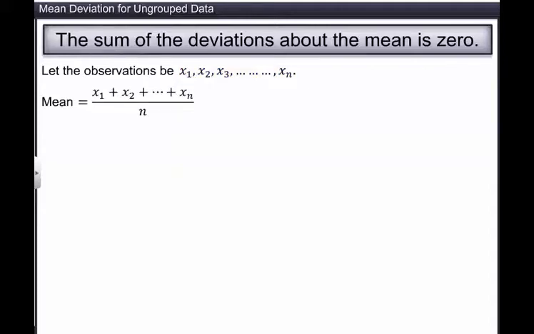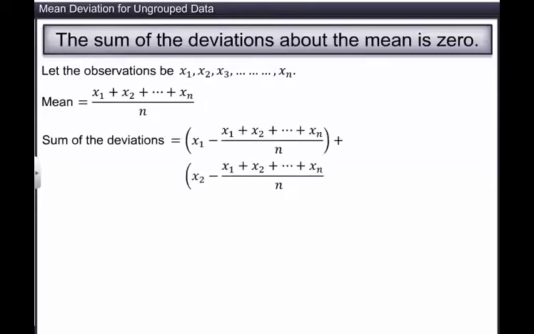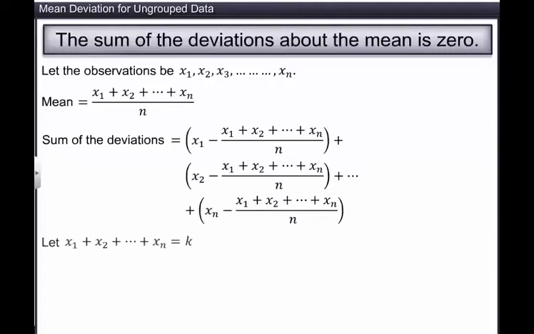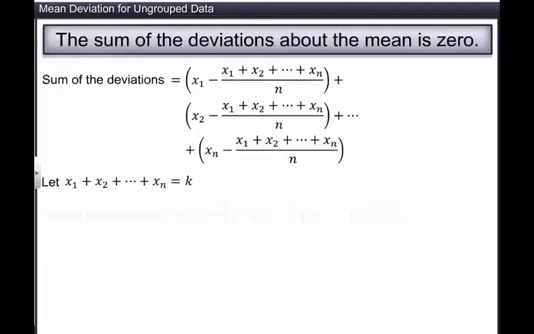Now, the sum of the deviations is equal to x1 minus the mean, plus x2 minus the mean, and so on, plus xn minus the mean. Let the sum of the observations be k. Therefore, the sum of the deviations is shown here.